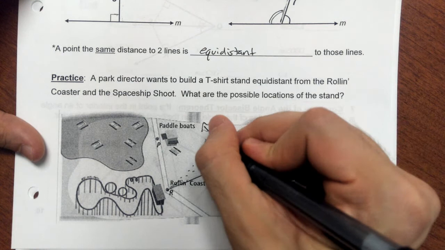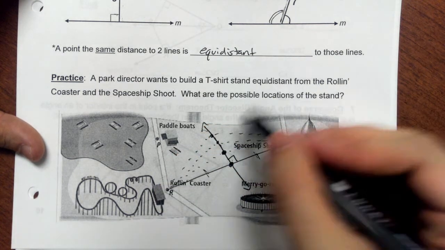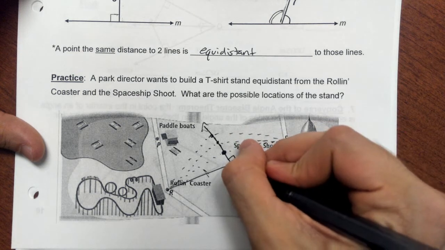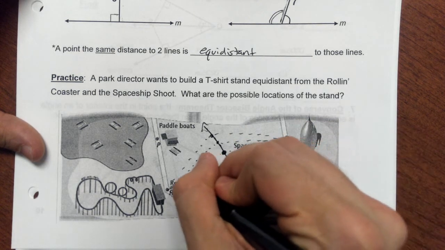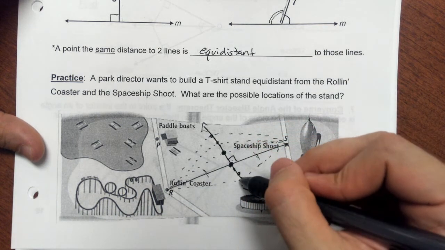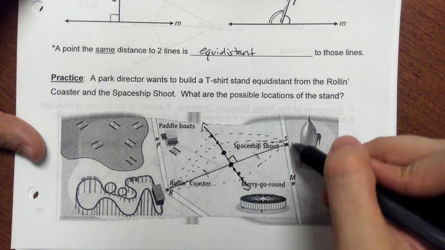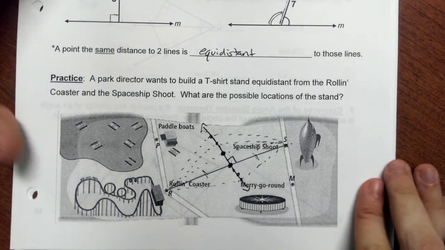It could be here. So it could be any point that's on the perpendicular bisector. So it could be any of these points also. Okay, because any point that's on a perpendicular bisector is going to be equidistant to the two endpoints of that line that it's perpendicular to.